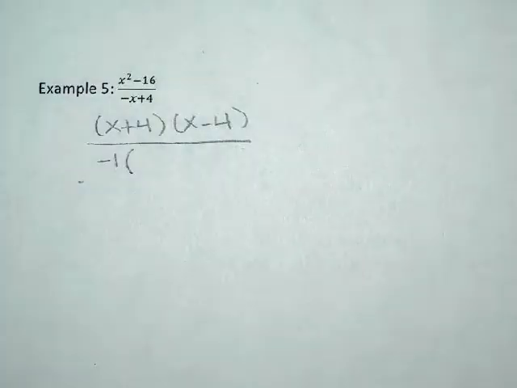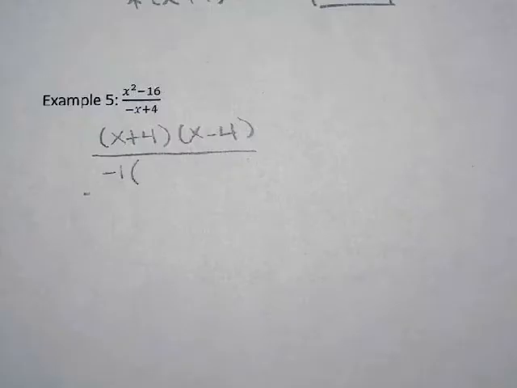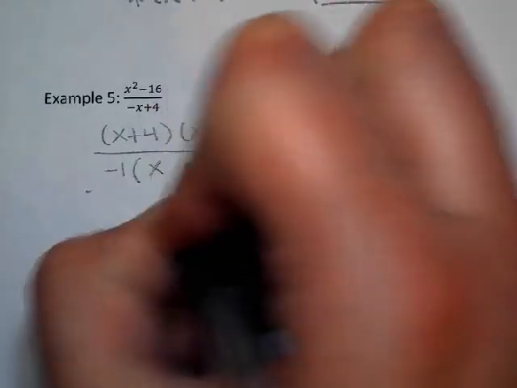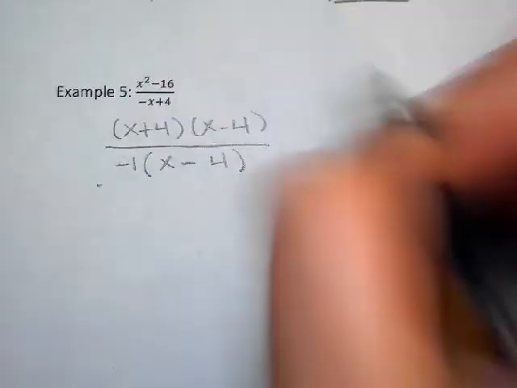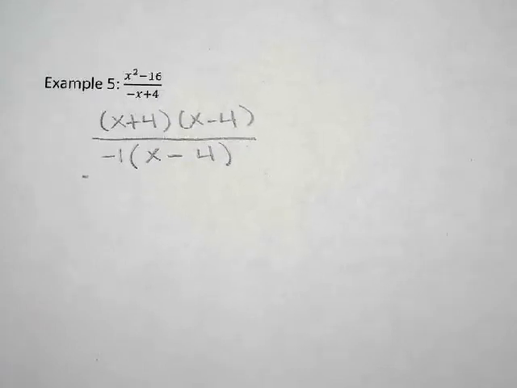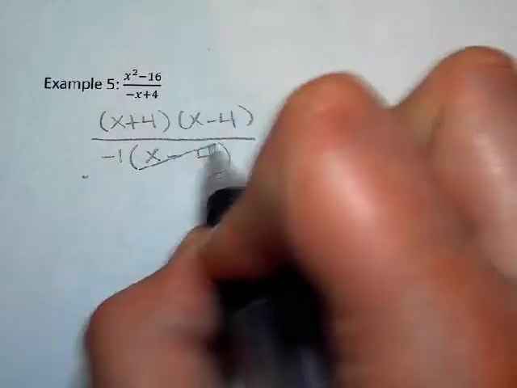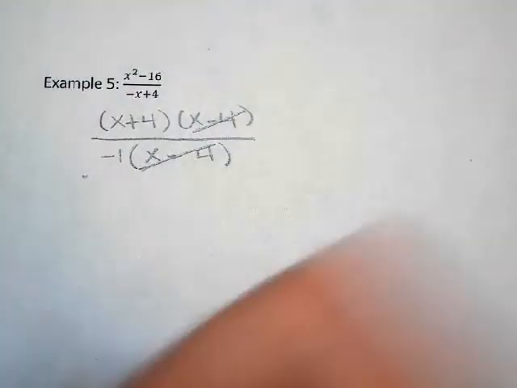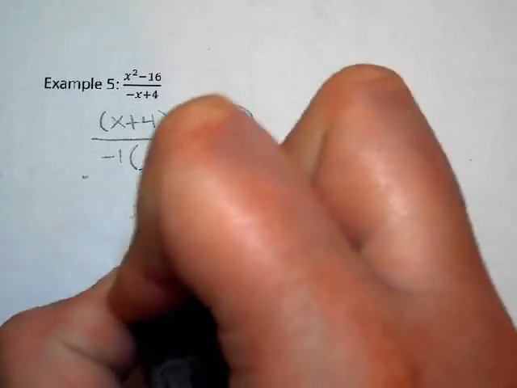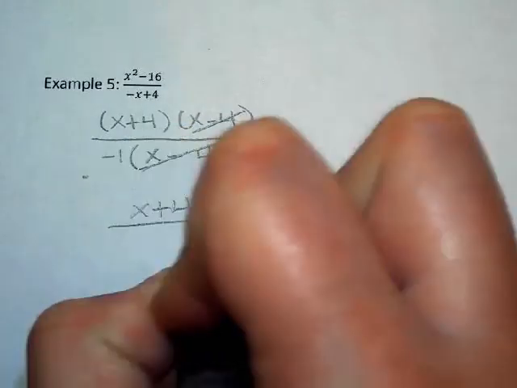And when you factor out a -1, what do you have left over? A positive x and then a -4. Okay. So what do you guys see that can cancel? Yeah, we have the same factors, x minus 4 and x minus 4. So we are left with an x plus 4 on the top divided by a -1.